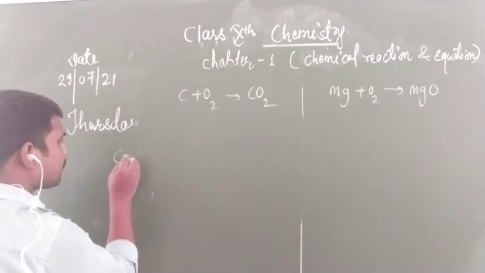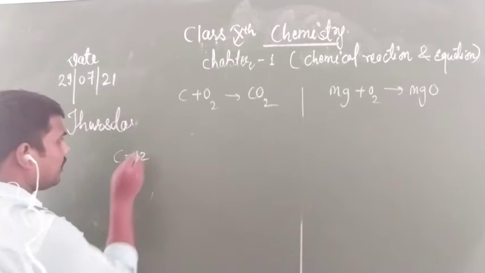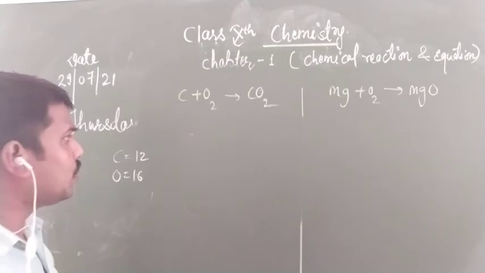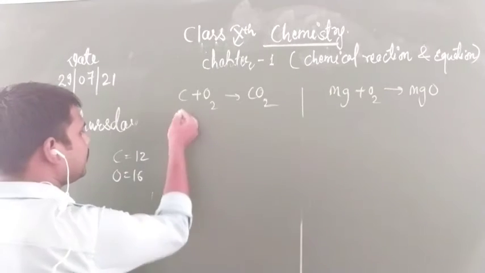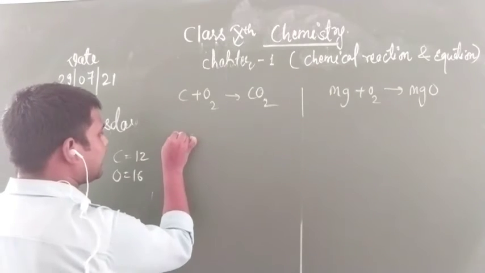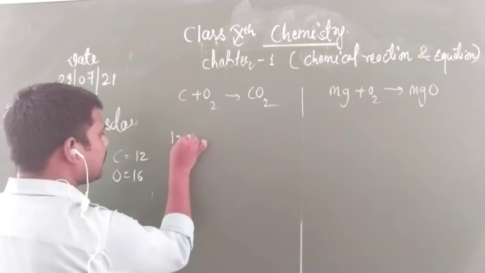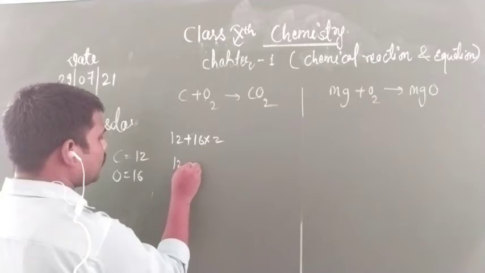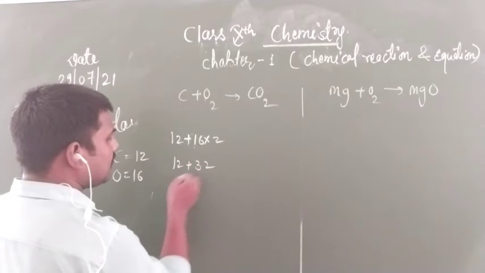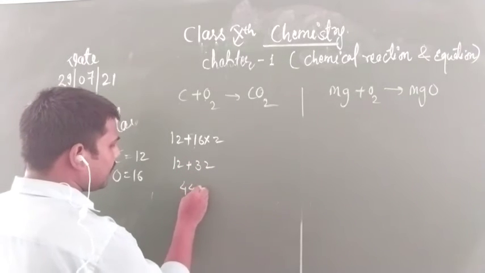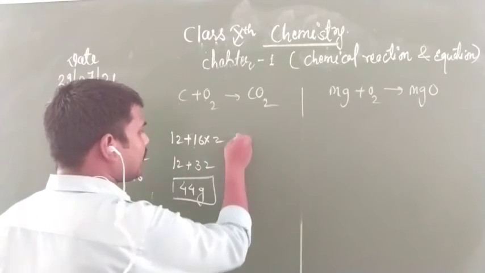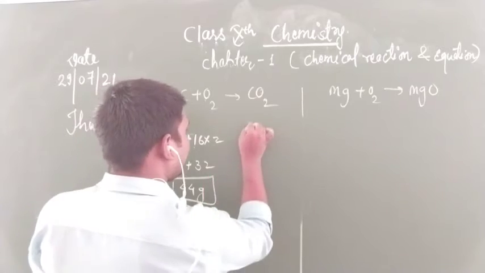The atomic mass of carbon is 12 and oxygen is 16. Now in the reactant, children, carbon 12, oxygen 16 into 2, 12 plus 32, so it will give 44 gram. In the product, carbon 12.